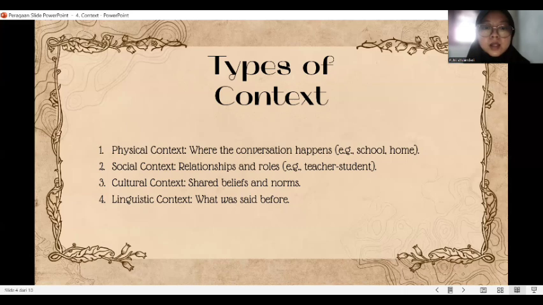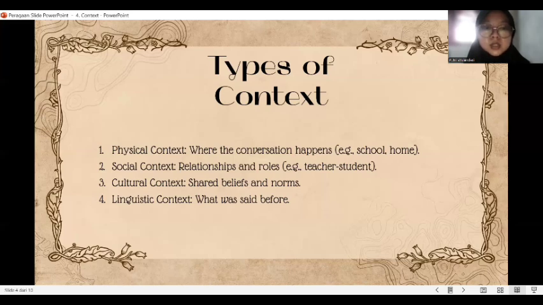For example, you speak differently to your best friend than to your principal, or teacher and student. The third is cultural context, shared beliefs and norms. For example, how you greet or show respect may differ across cultures.